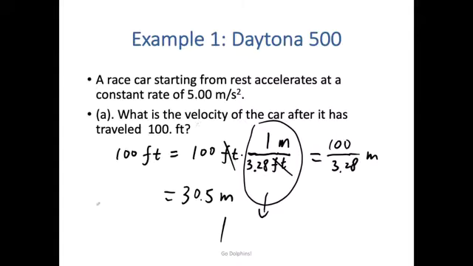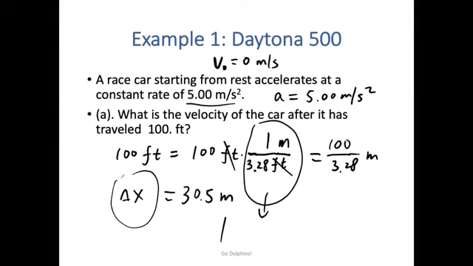So that's what we know. We know displacement is 30.5 meter. We know initial velocity is 0. And we know acceleration is 5 meter per second squared. We do know three quantities. Do you see that now? We have initial velocity, we have acceleration, we have displacement. And we want to find out what is final velocity.